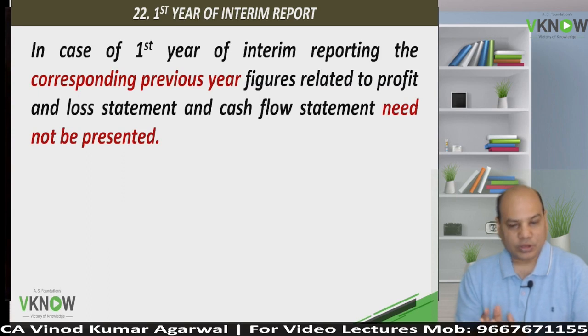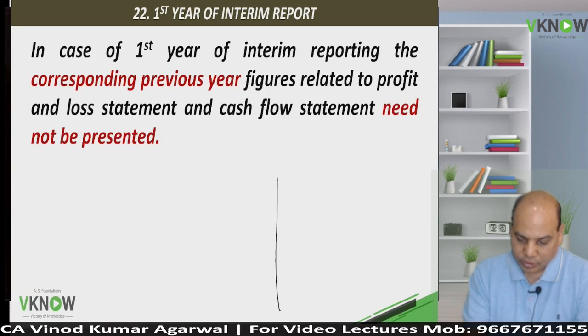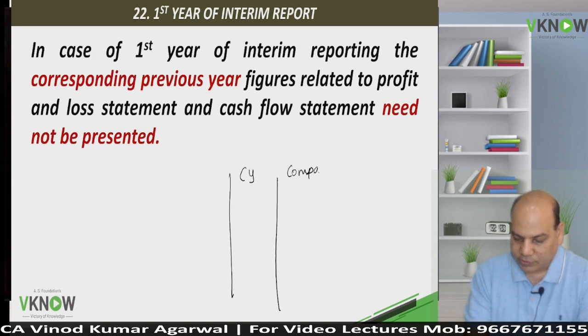Now let us come to the next paragraph, 22. First year of interim report. You are studying AS 25 right now. In an interim financial report, this is the current year, and for comparison purposes, we also give previous year data.